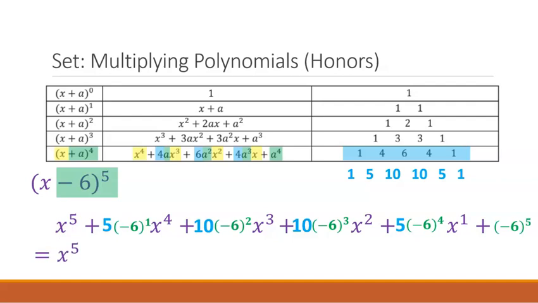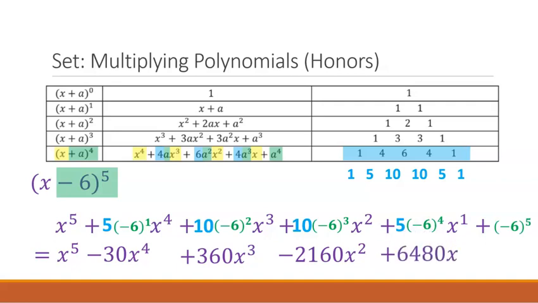We will now just work on simplifying each of these terms to find our final answer for the product of x minus 6 to the 5th power. As we start to look at the terms, remember that we are taking in this next example the 5 coefficient from Pascal's triangle times negative 6 to the 4th power times x to the 1st power, which will result in 6,480x.